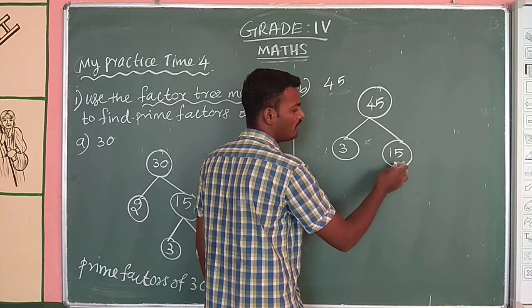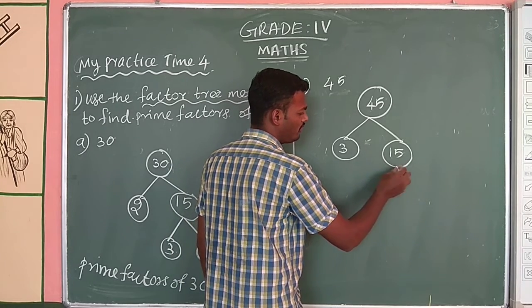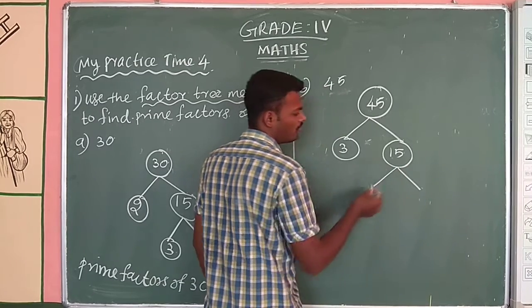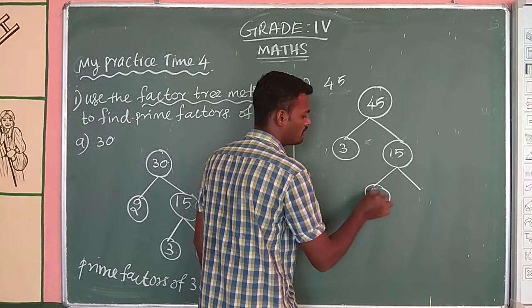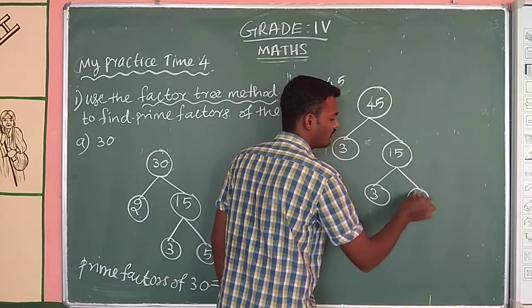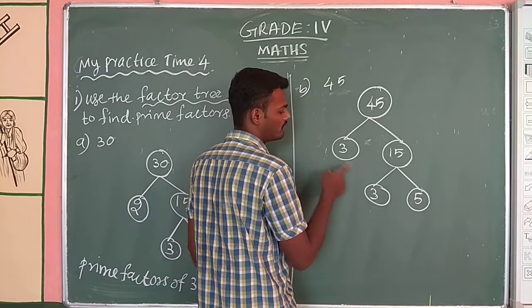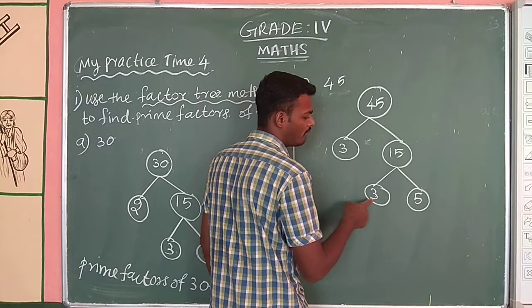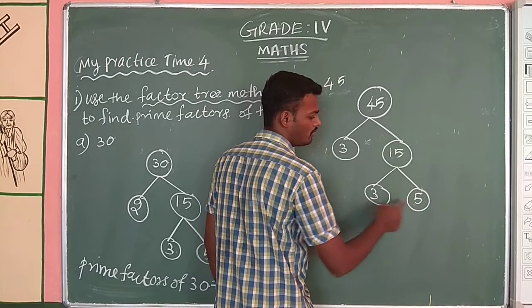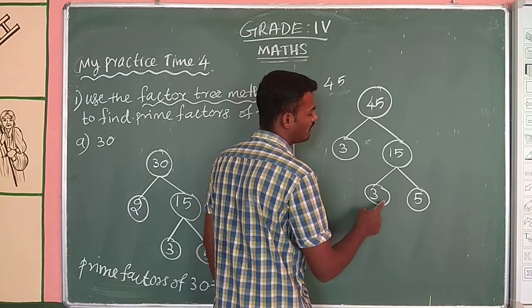We split 15 into two parts. One is 3 into 5. 3 into 5 is 15. So 3 is a prime number, 5 is a prime number. So this is over in the tree method.